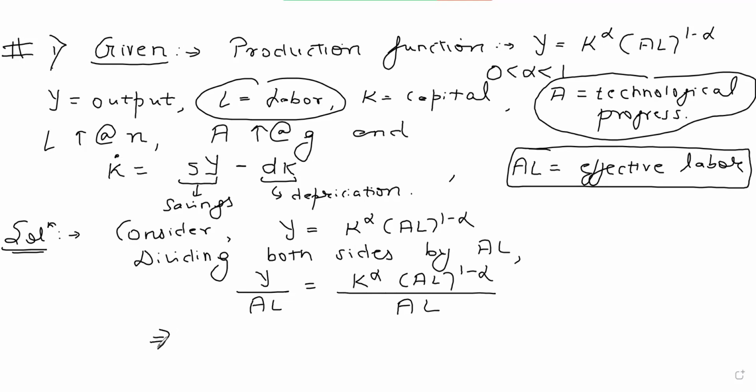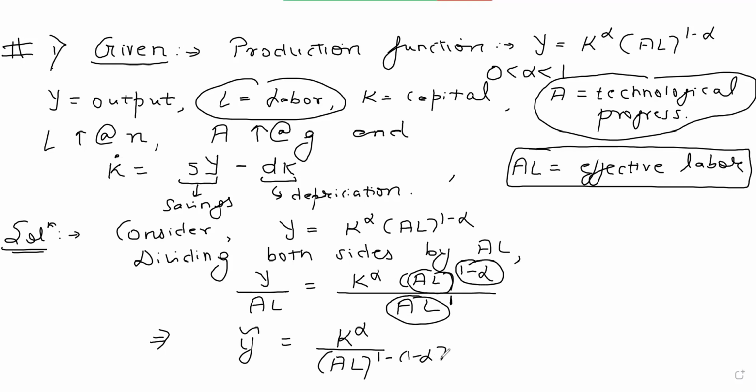Now Y/AL I can call Y tilde, which is equal to K^α and (AL)^(1−α) over AL. The base is the same, so I can subtract the powers. I can write AL to the power 1 minus (1−α).